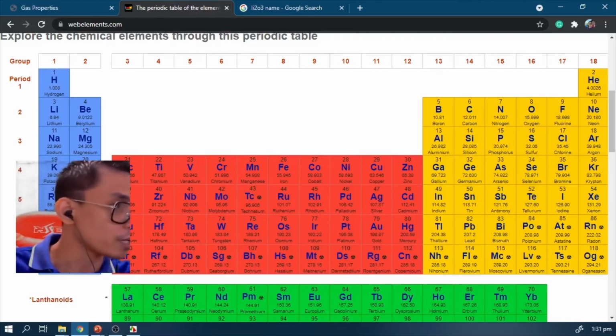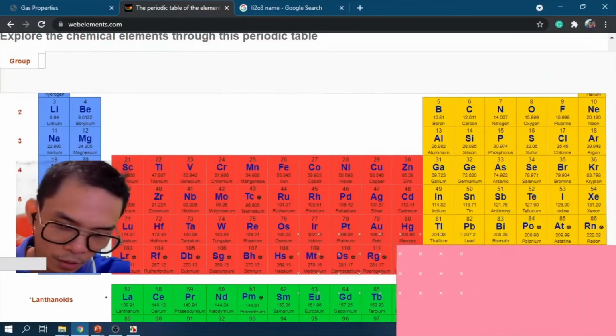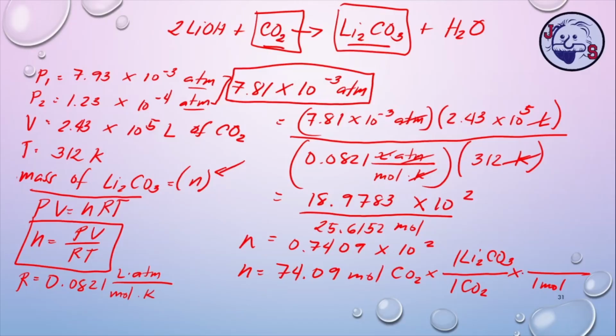That will be 73.887 grams. Let's cancel the mole.